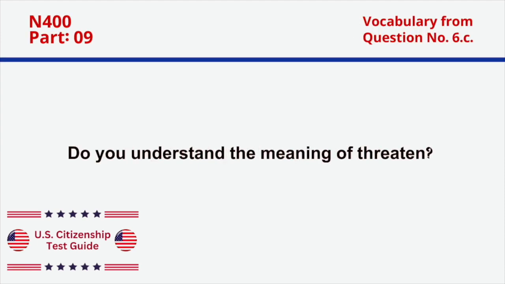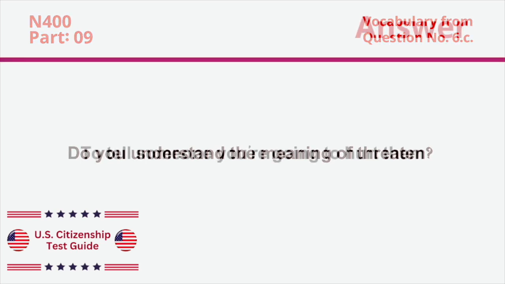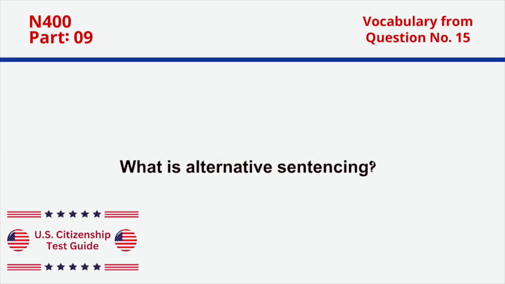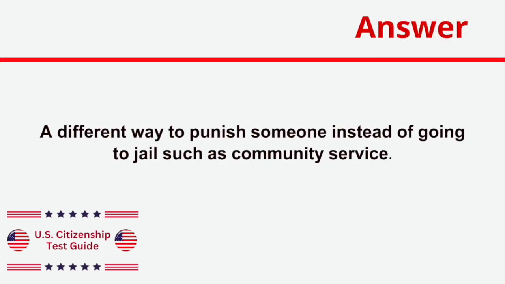Do you understand the meaning of threaten? To tell someone you're going to hurt them. What is alternative sentencing? A different way to punish someone instead of going to jail, such as community service.